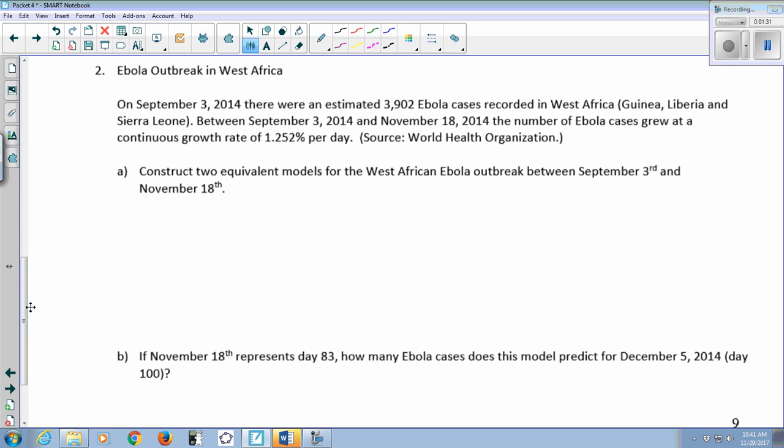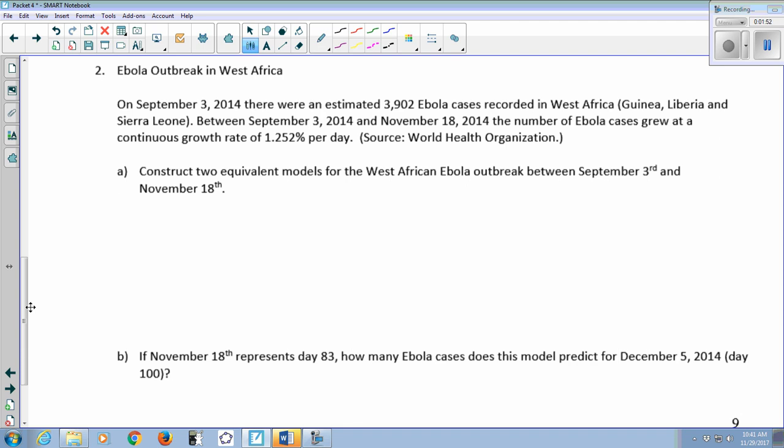So for example, there was an Ebola outbreak in West Africa in 2014. On September 3rd, there were an estimated 3,902 cases. And then between September 3rd and November 18th, the number of Ebola cases grew at a continuous growth rate.